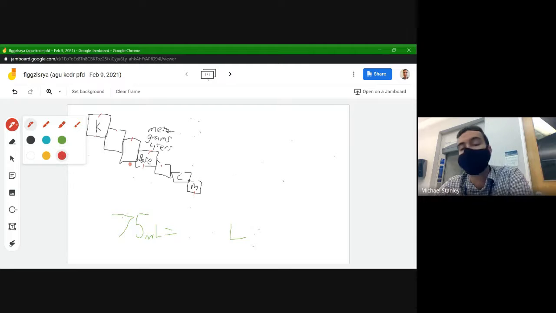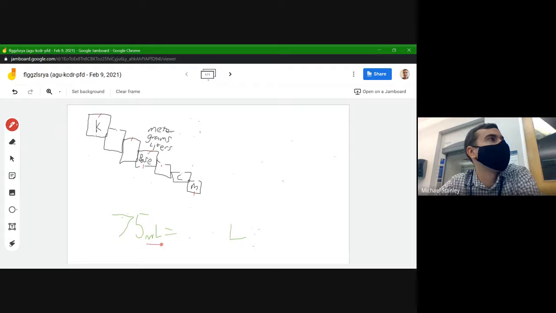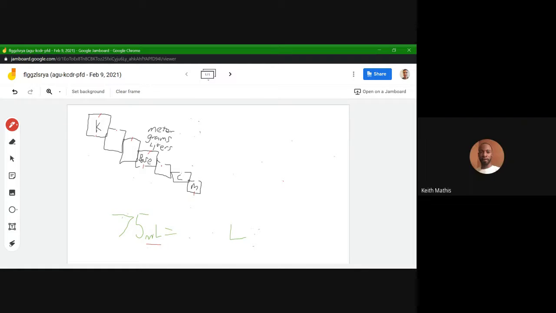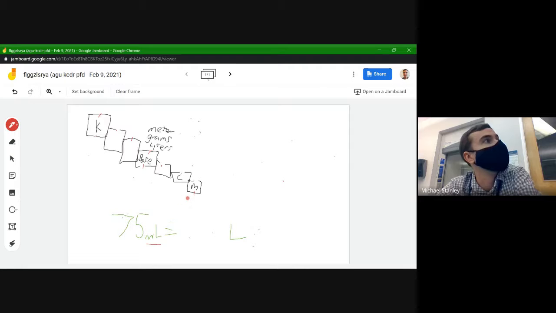So first thing we got to do, what is our starting point on the ladder? The M. Our little M for milli over here. This is where we're going to start.